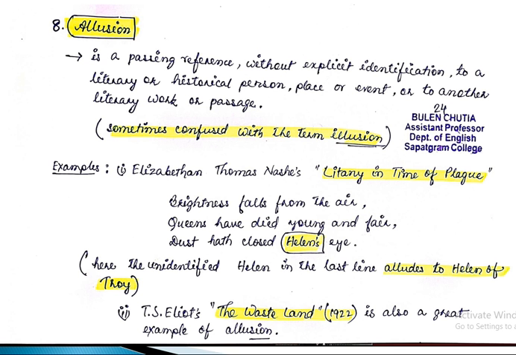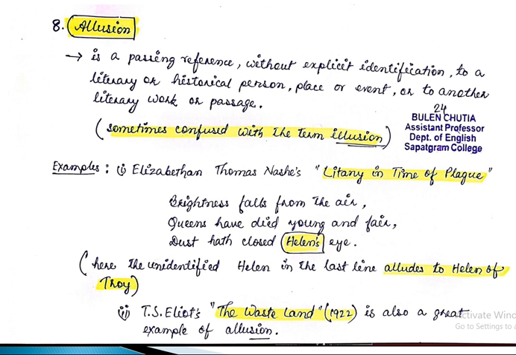Okay, she was so beautiful, and the war happened due to her beauty. Okay, just try to remember and understand. If you go through the movie called Troy, you can get everything there. It is a mythological character, but it is alluded here in this poem.